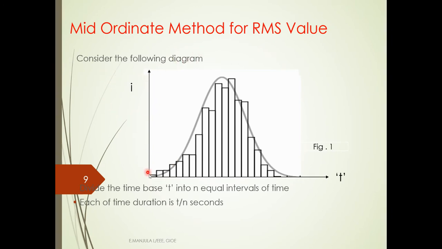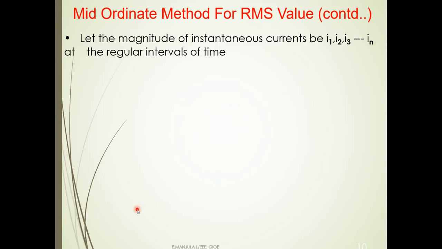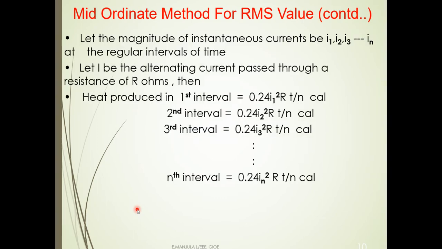Considering the same diagram, we divided the time base T into equal intervals of time, each of duration T by N seconds. Let the magnitudes of the instantaneous currents be I1, I2, I3 till In at regular intervals of time. Let capital I be the alternating current passing through a resistance of R ohms.